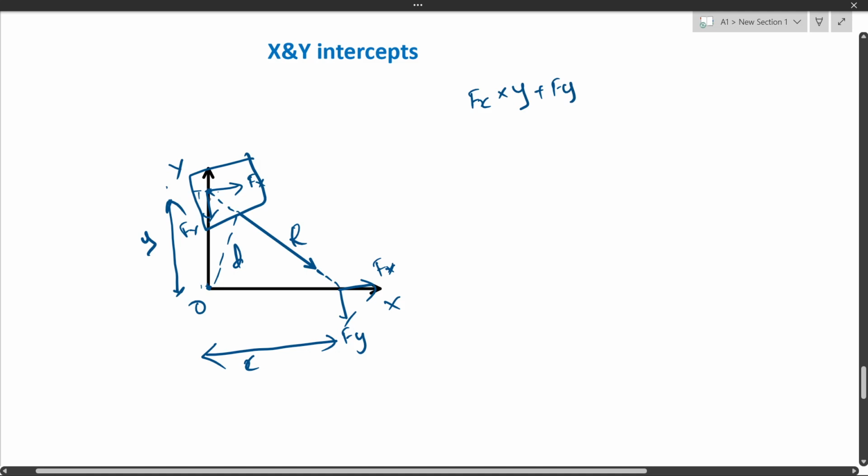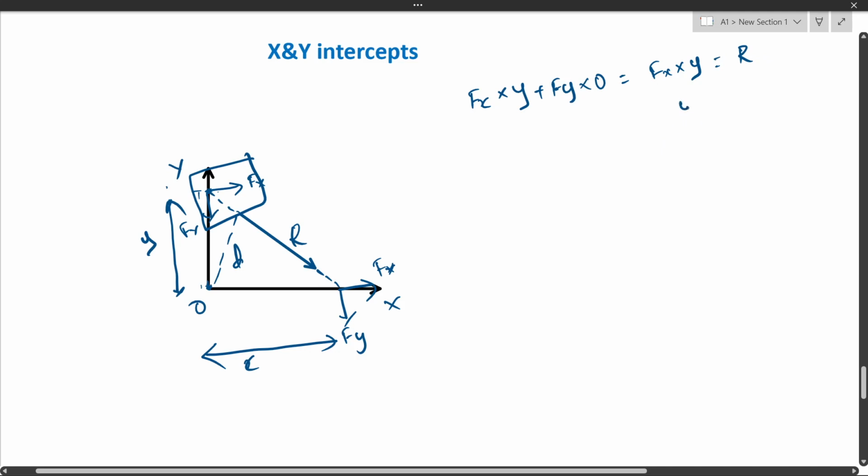If you take the perpendicular distance, this one lies in the same direction as the origin, so there is no perpendicular distance difference between the origin and Fy, so it would be 0. So finally we'll get Fx into y, that is the resultant force.